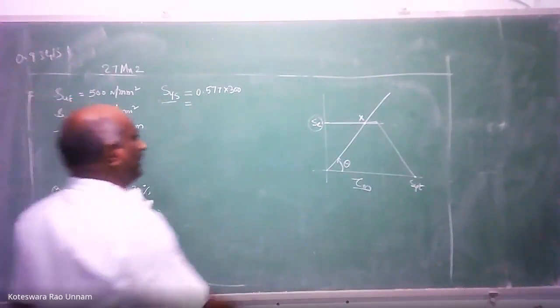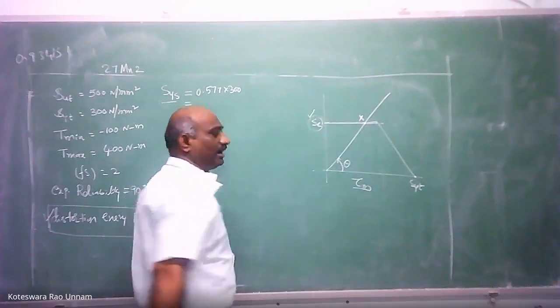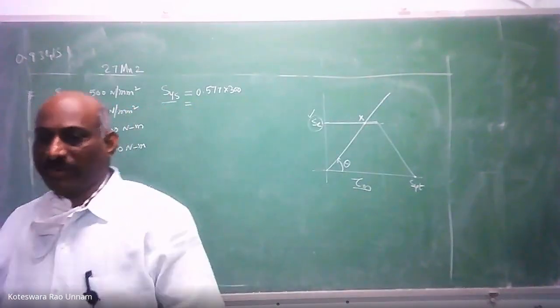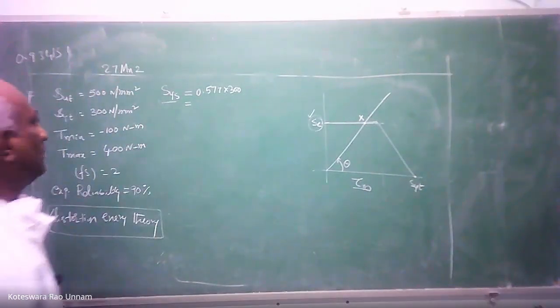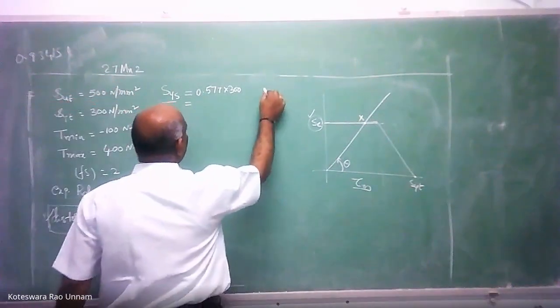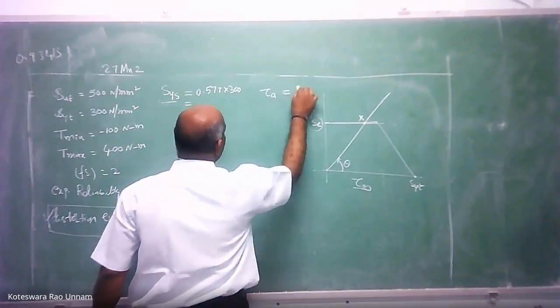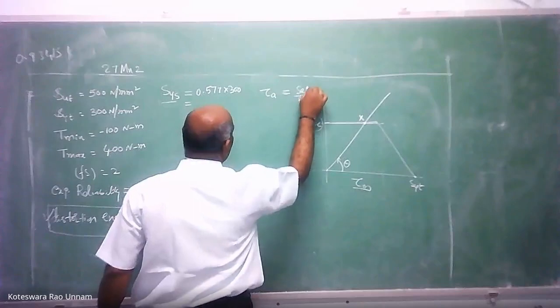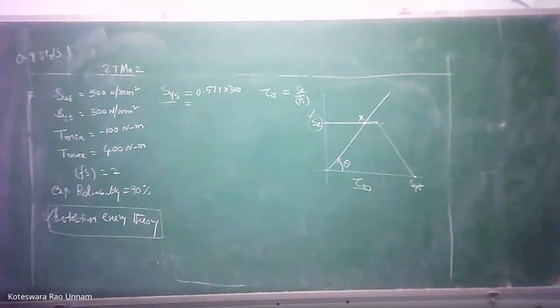Here it is immediate because it is a straight line. Now you have to estimate what the SE value is. Once you have the SE value, your design equation is tau a equal to SE, or SE by Fs if the factor of safety is given. This is going to be the design equation for a fluctuating load.